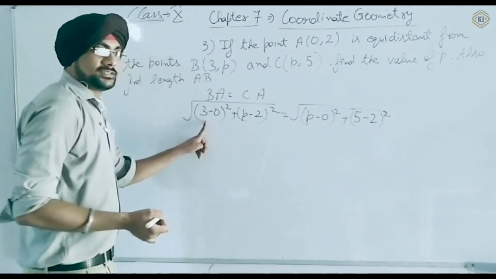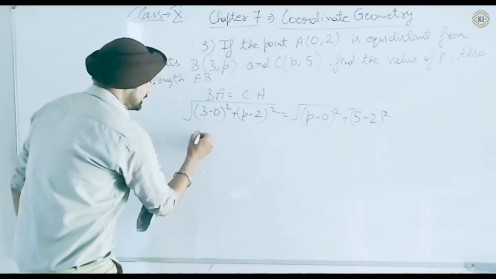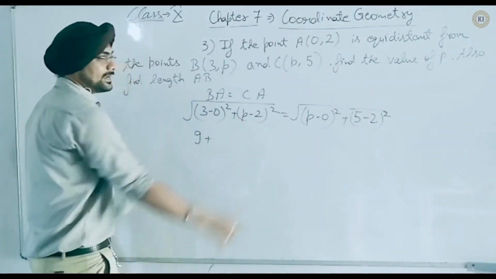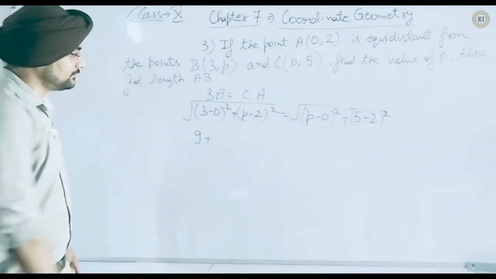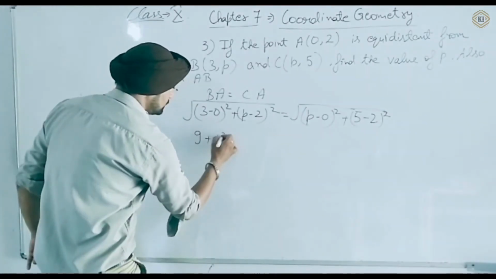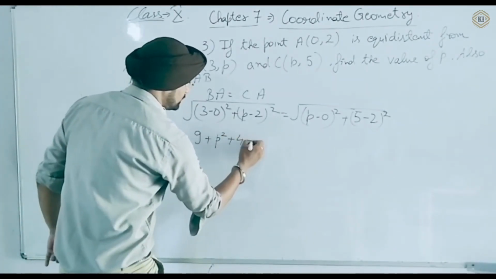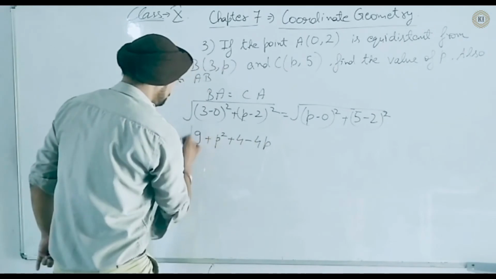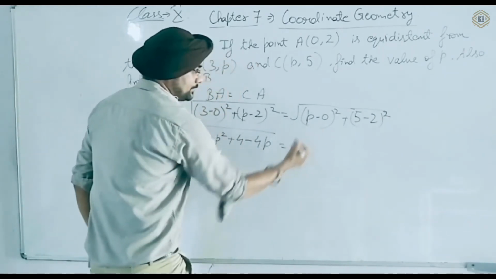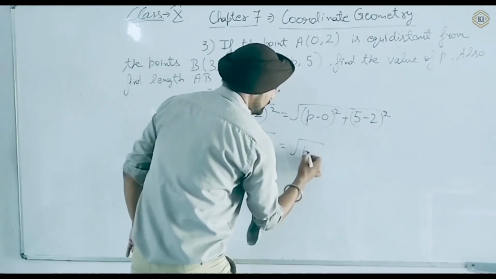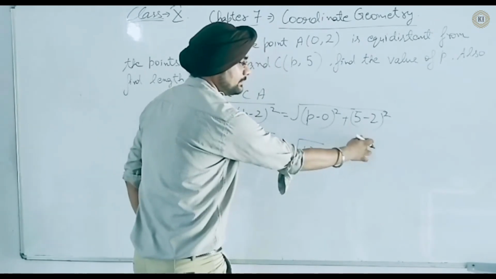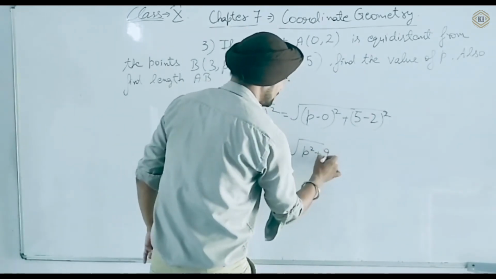So 3 minus 0 will be 3, and 3 square is 9, plus here we apply the formula of (a minus b) whole square, which is a square plus b square minus 2ab. (p minus 0) square means p square only. 5 minus 2 will be 3, and 3 square is 9.